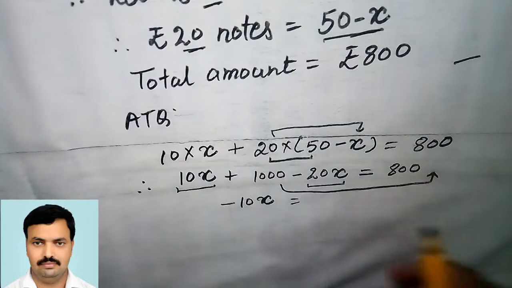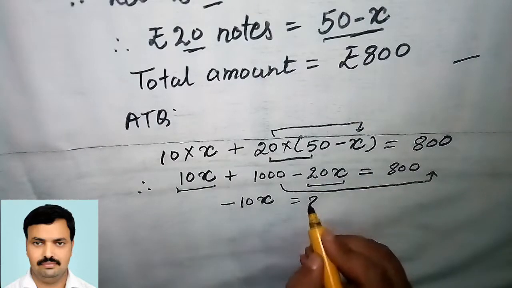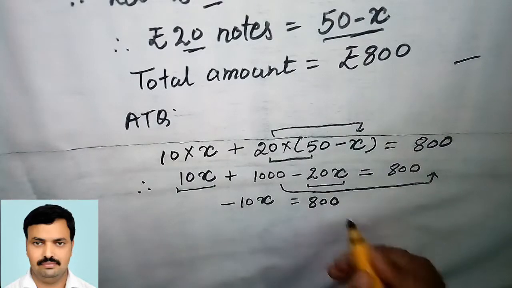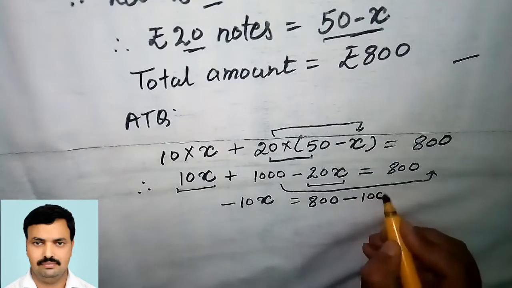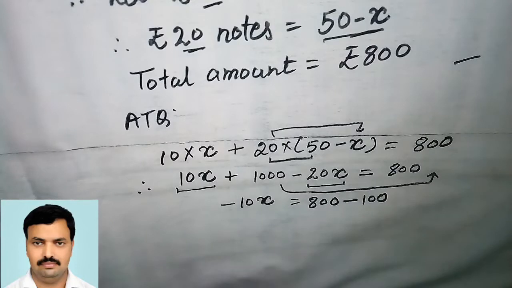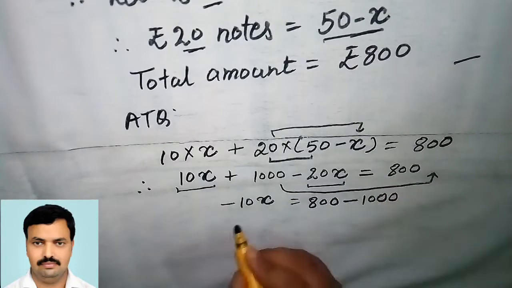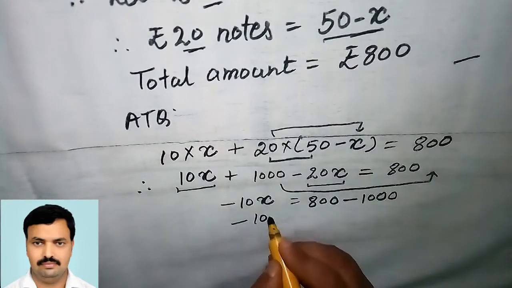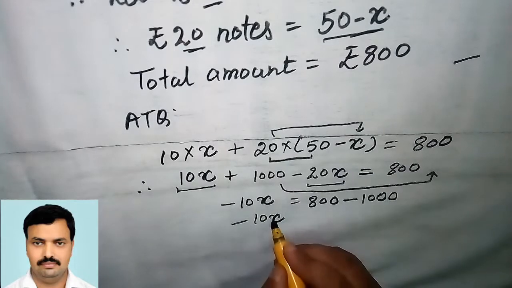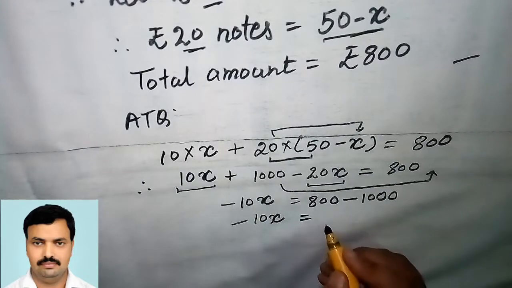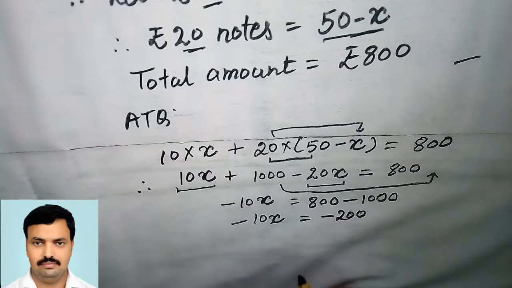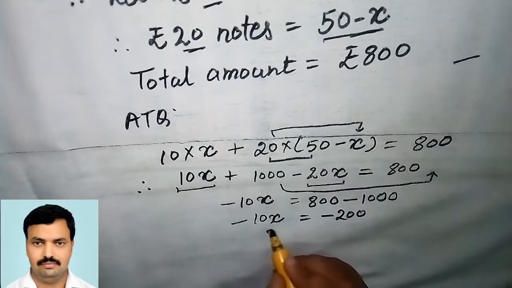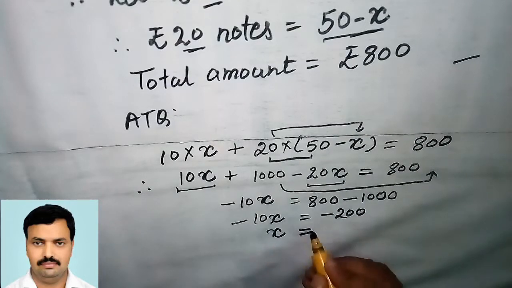And take 1000 to the right side. So 800 you write as it is, and this 1000 will become negative, so minus 1000. Now minus 10x will be equal to 800 minus 1000. So the larger number is negative, again the difference will come negative, so the answer will be minus 200.